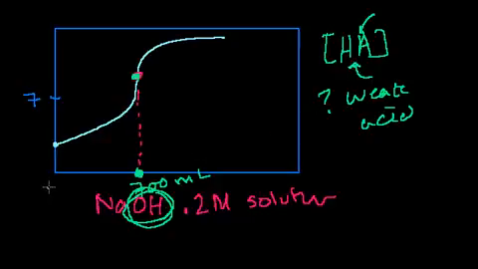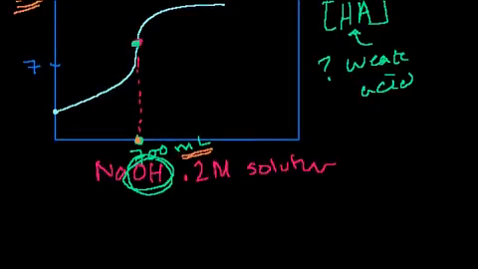And let's say our solution at the beginning was 3 liters, 3 liters to begin with before we started titrating. And obviously as we add reagent, we're adding some volume to the solution. But let's just say that in the beginning we started with 3 liters. So how many moles have we sopped up? Well, how many moles of OH are there in 700 milliliters of our solution?